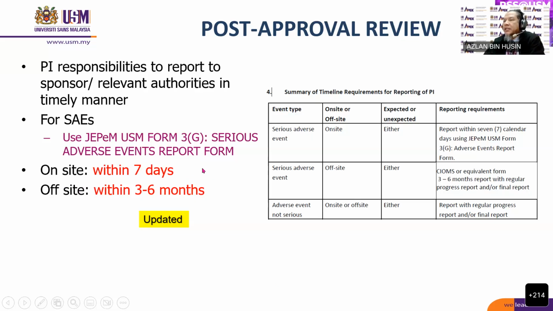This is the international standard. And for on-site, meaning if the research is done in hospital USM, you need to send it within 7 days to the ethics committee. But if it occurs in the same study, since it is multi-center, but it occurs outside USM, then there's no point for you to urgently send it to the ethics committee. But you can do this within 3 to 6 months. It's okay.